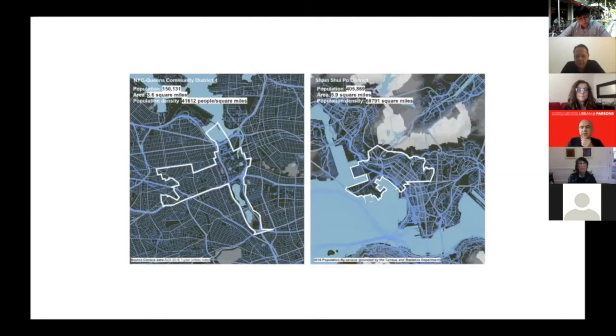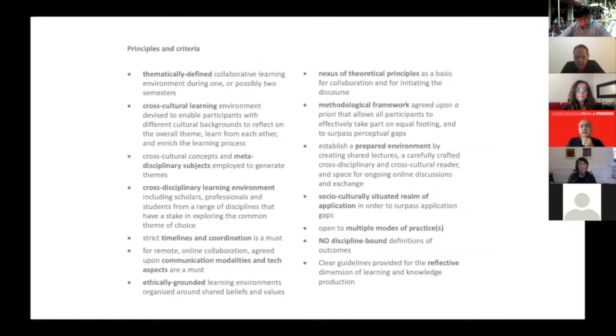Students develop this, as Henrik had it, as a comparative work between Hong Kong and New York. Some of the principles and criteria we have developed for many years, some of which are already mentioned, like thematic frameworks. But for example, a cross-cultural learning environment, what I called, borrowing from the Montessori system, a prepared environment.